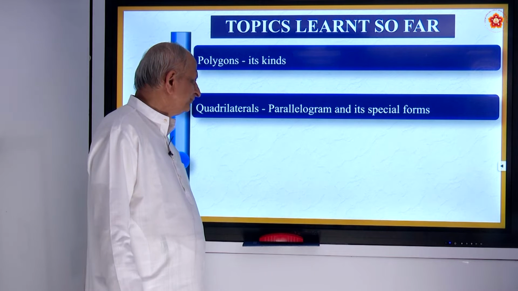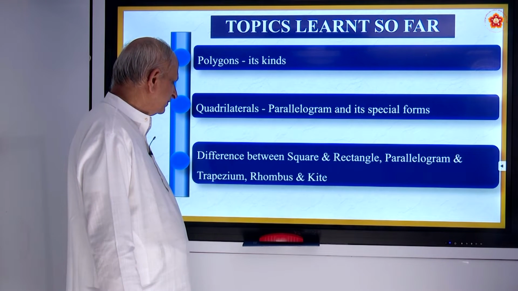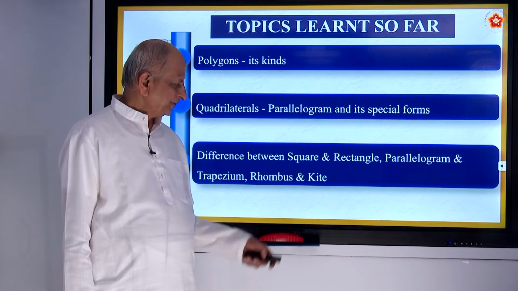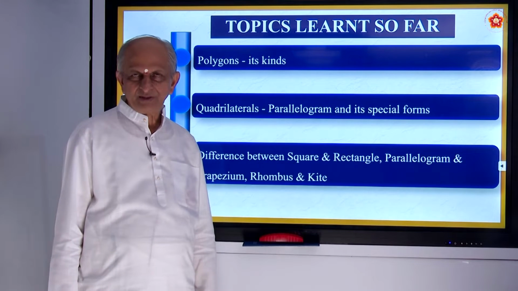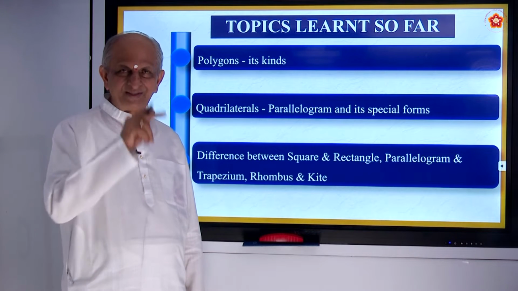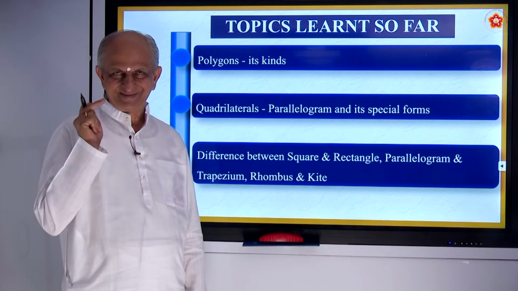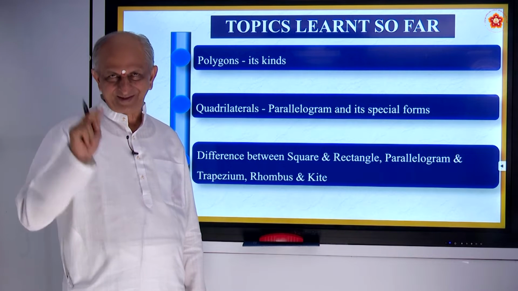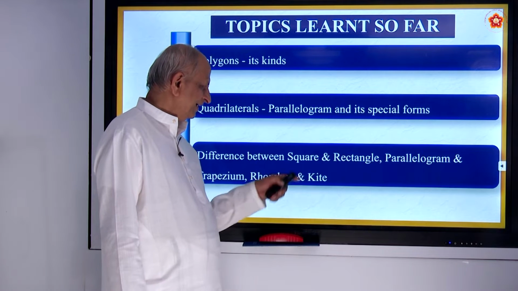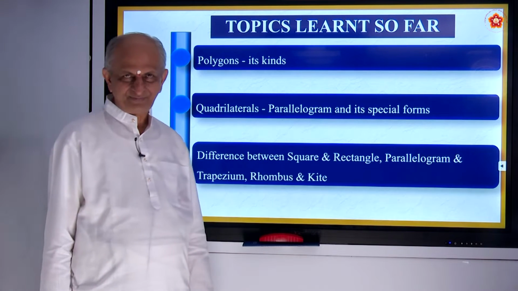And also we have studied about the difference between square and rectangle. In a square, it is equiangular, all the angles are equal, all the sides are equal. That is what is called equiangular and equilateral. All the sides are equal and diagonals bisect each other at right angles and the 2 diagonals are equal.